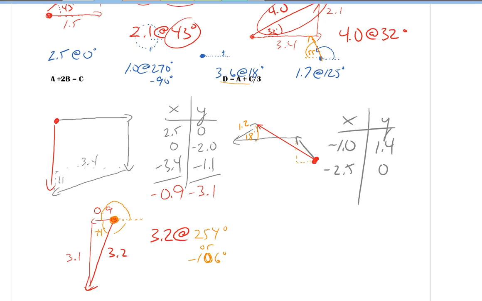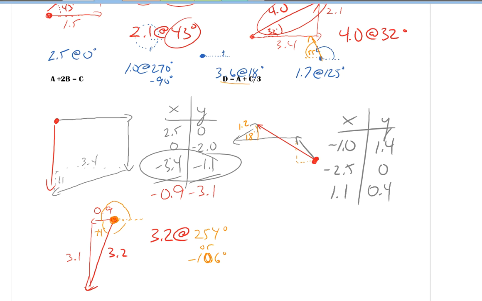So I will do 1.2 cos 18 and 1.2 sine 18, and I will get my components. The x component is around 1.1, and the y component is around 0.4. You could also have taken the components from the full-length c vector and just divided them by 3. It doesn't really matter for what we're doing.